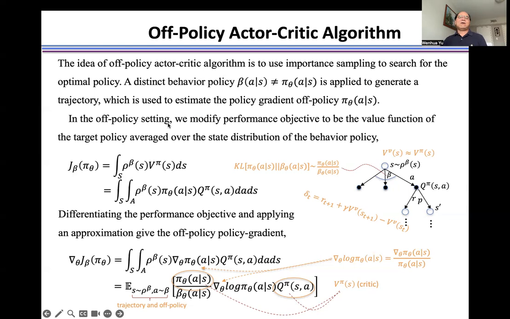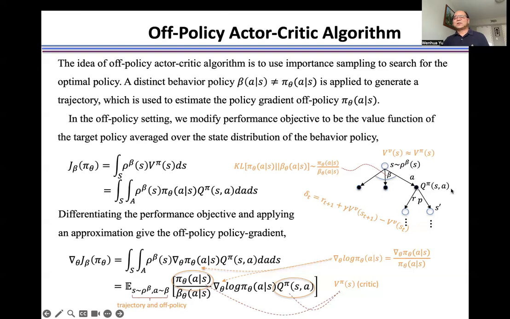To use the off-policy approach, we need to change the objective function a little bit. We do not use pi times Q, because Q is unknown for the stochastic policy. For example, we use the policy beta from this state S to generate a trajectory, from S until the terminal.